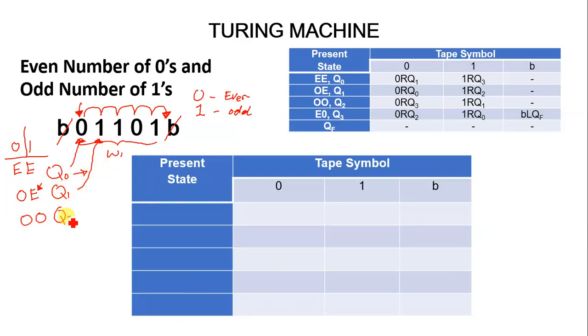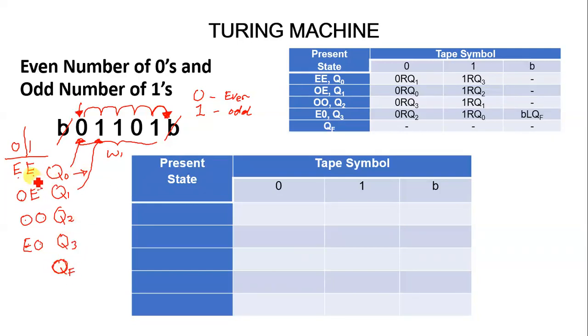So in this problem, there are four states: even-even, odd-even, even-odd, and odd-odd. And last, we need to put a final state, where once the tape head reads a blank symbol, we will move to the final state.